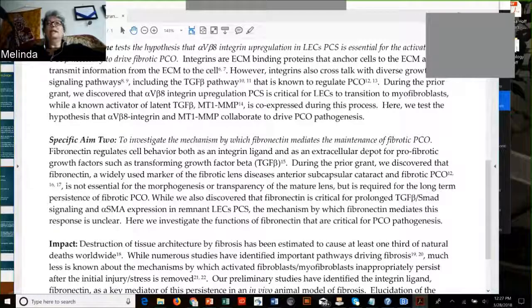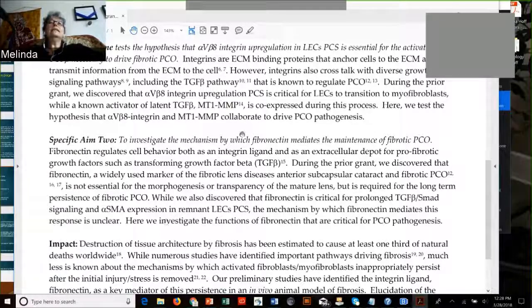So I basically say that I have made this discovery in the past, and I'm understanding the mechanism by which this works. So I'm setting up the problem as the function of this molecule, that this is what we've discovered, that we have also found that it's involved in this particular cell signaling process, and that I'm here directly investigating the mechanisms.